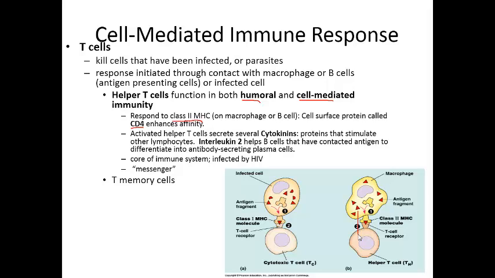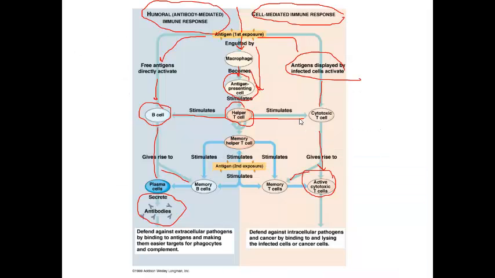Once the macrophage has presented to the helper T, it is going to respond by releasing a chemical messenger called the cytokine. The cytokine is going to be the chemical messenger that stimulates the production of cytotoxic Ts and stimulates the production of the B cells. It's the chemical messenger that makes that happen.